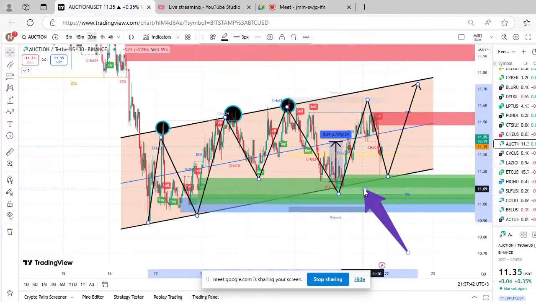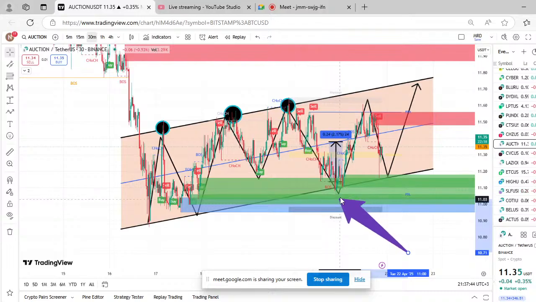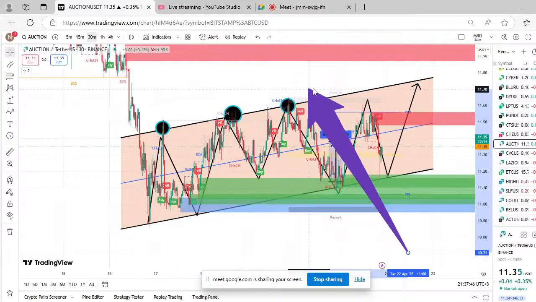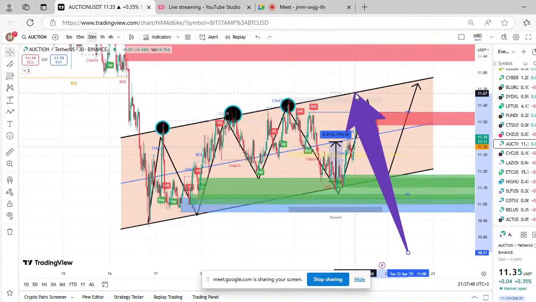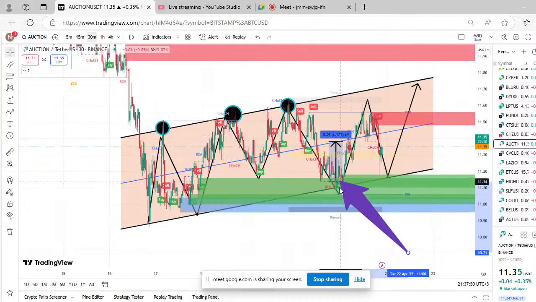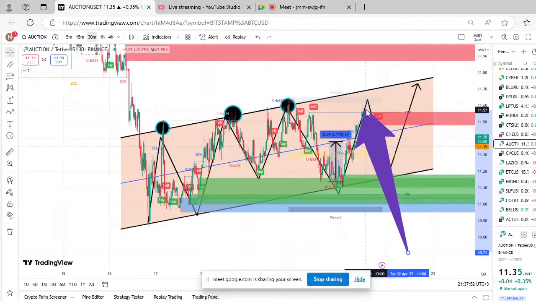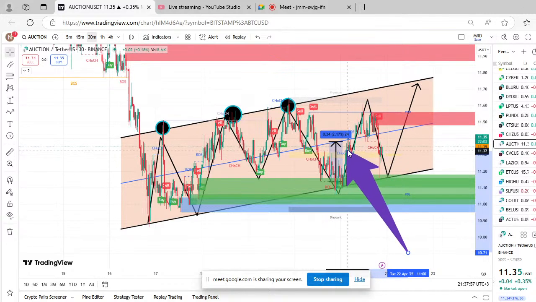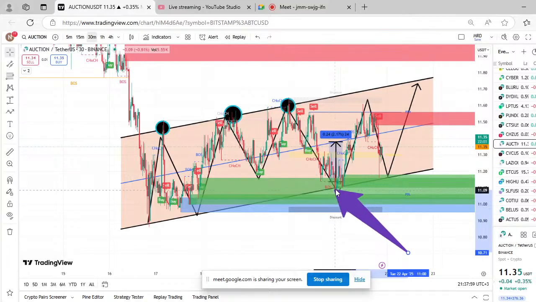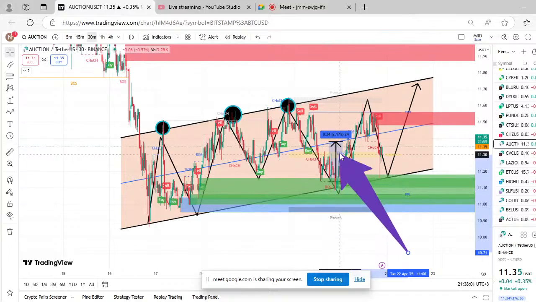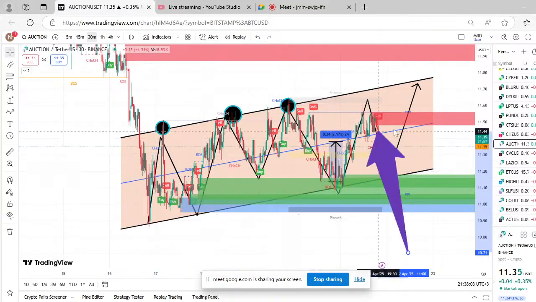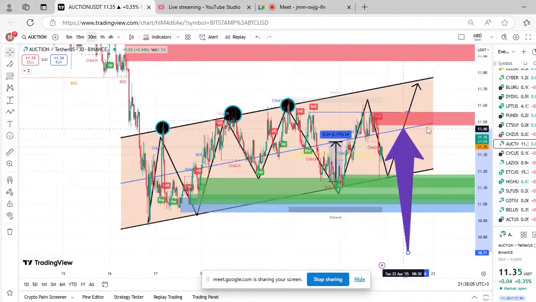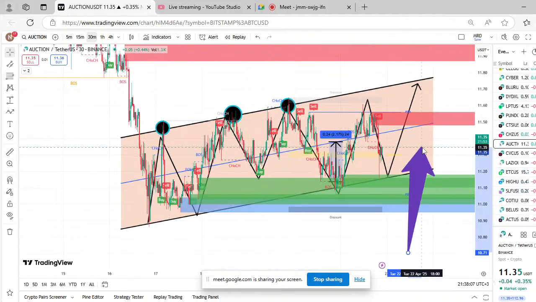But how many times it has touched the support and again the resistance? You can see here we touched the support, but here we never touched the resistance. That's why my advice is, whenever we are taking profit using this channel, let us take profit in the middle.